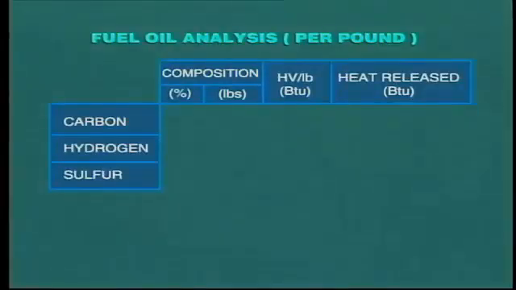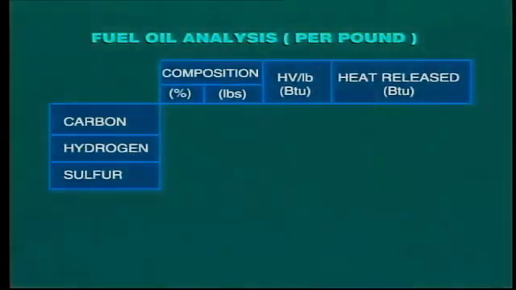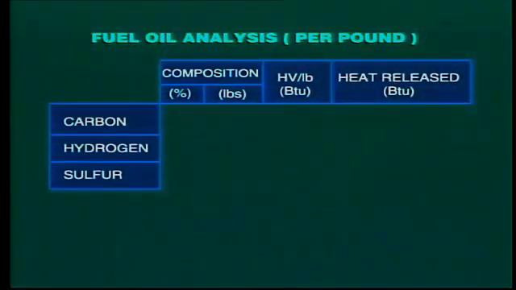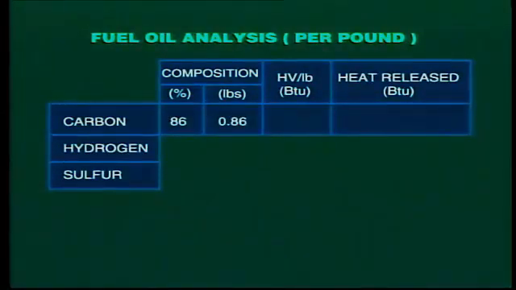So if we know the percentage of each ingredient in a particular fuel, we can easily calculate the heating value of that fuel. As an example, let's take our analysis of a typical fuel oil. If we consider 1 pound only of that fuel, then its carbon content, 86%, is 0.86 of a pound.